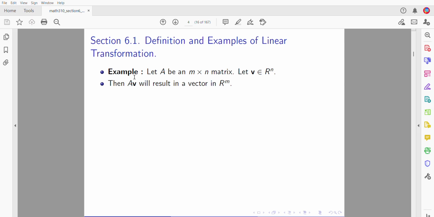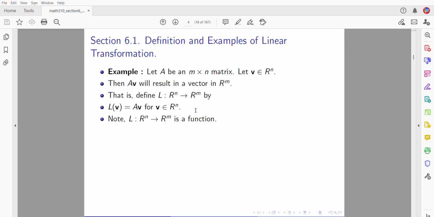A v, m by n times n by 1, the result will be m by 1. So you can define a function L from R^n to R^m. R^n is for v, R^m is for the result. How do you define L? Well, L of vector v is the matrix A multiplied by v.